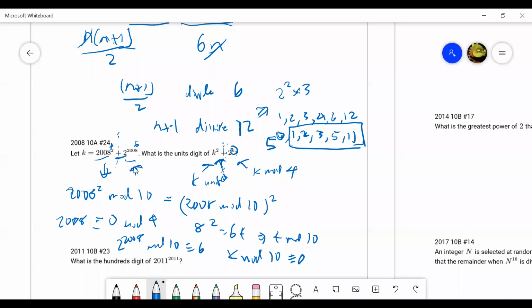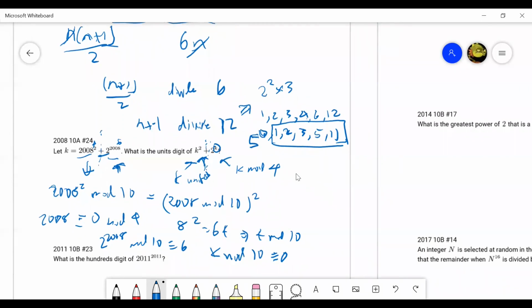Since the two things that you're adding are both divisible by 4, the entire sum is also divisible by 4. All right, so then we can use the same thing we did for 2 to 2008 earlier for 2 to the k here. And so that means that its unit digit is also 6. And since k squared's unit digit is 0, that's all we're left with. So that's it. It's just 6.